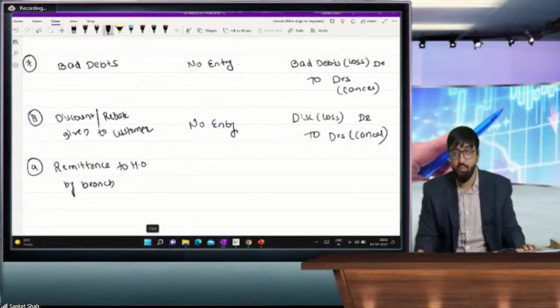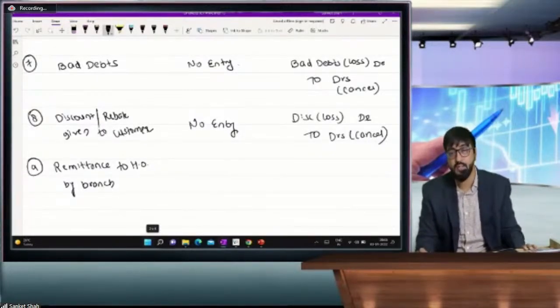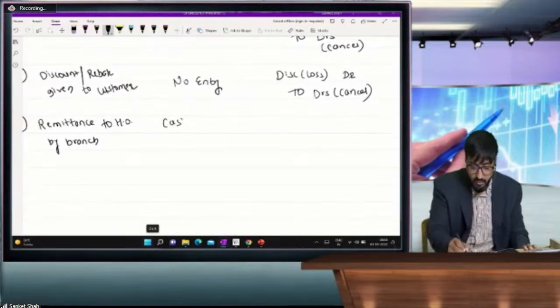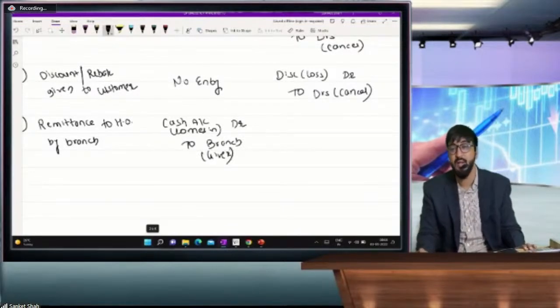So now, HO is going to receive cash, obviously. So cash comes in for HO, and branch is a giver, because beta, branch was previously a debtor, and after the settlement, branch is a giver. Debtor becomes giver.